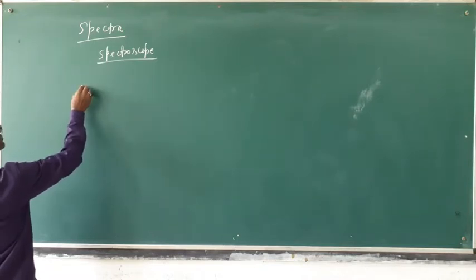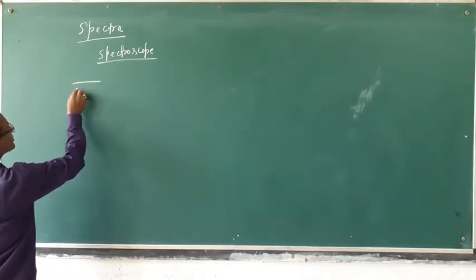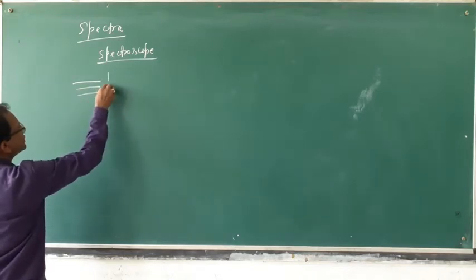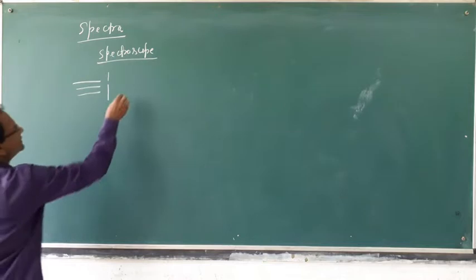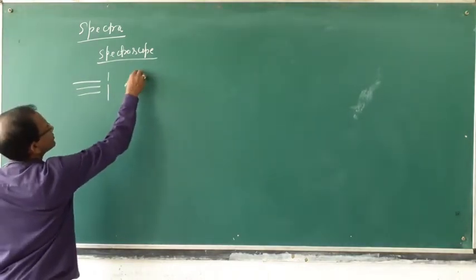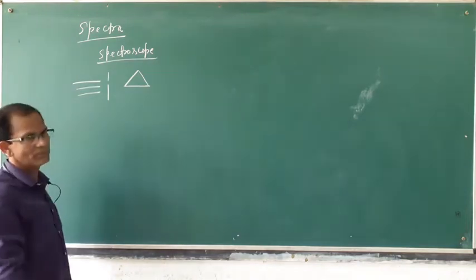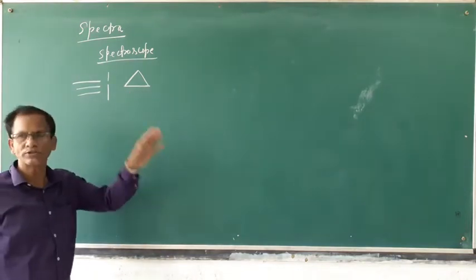it produces light from the substance, this is the source of light, and passing through a small hole, then falls on the prism. We know the prism helps to disperse the light.